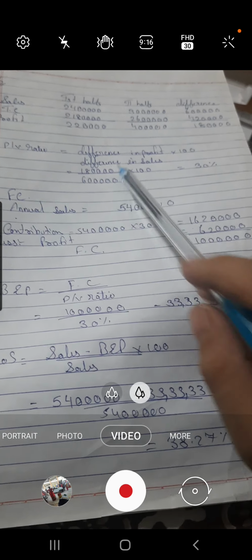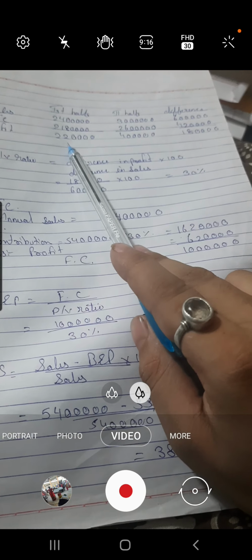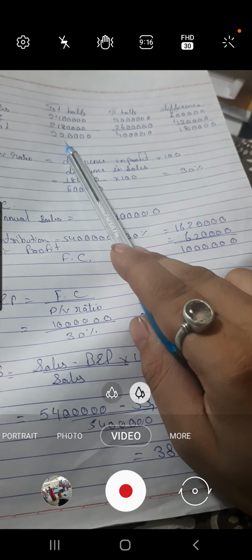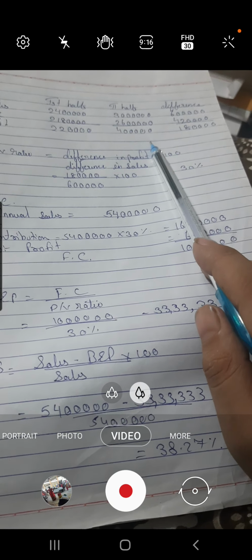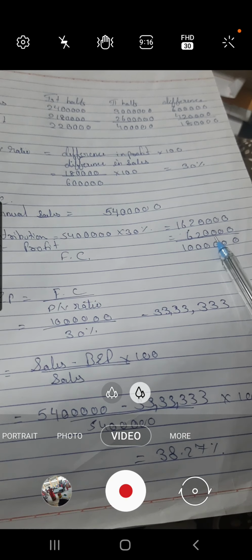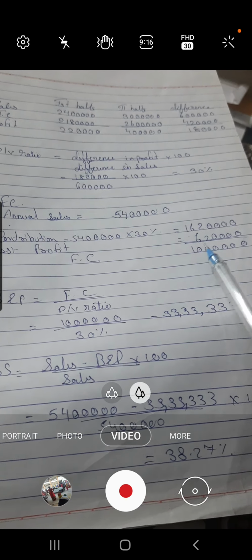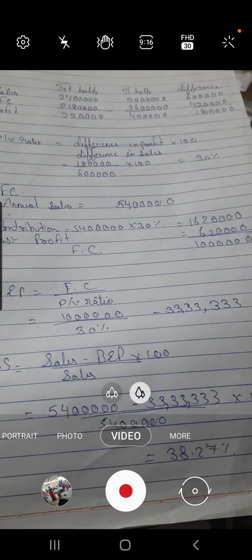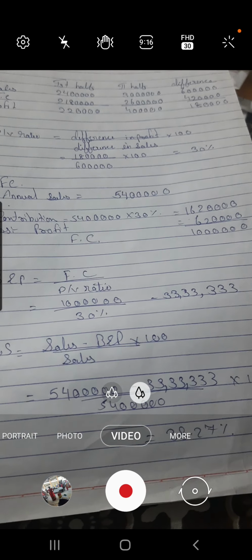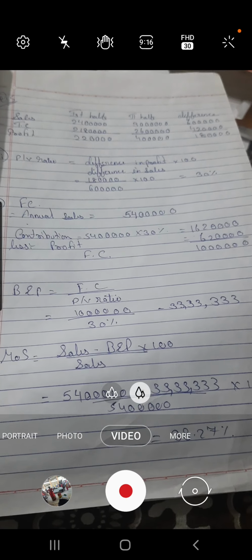What's the profit value here? Here it is 2 lakh 20,000 plus 4 lakh. It will be 6 lakh 20,000. Deducting the value, we will get 10 lakh as the answer for fixed cost.